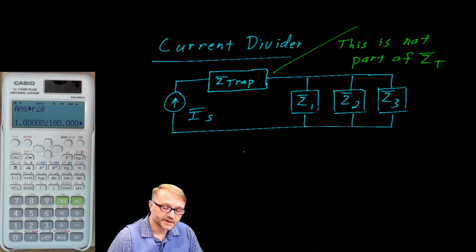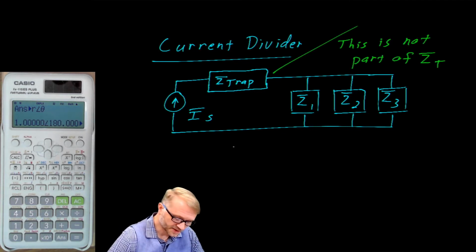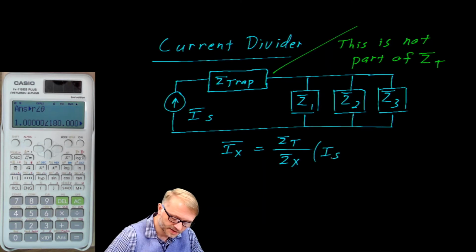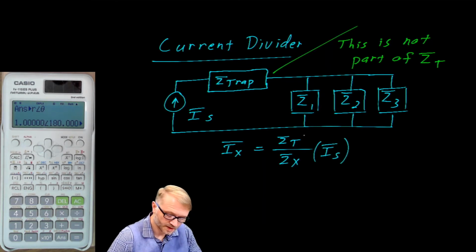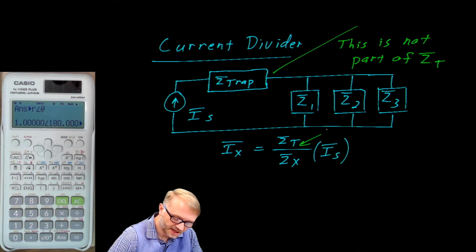The current divider is the same for AC as it was for DC. We have the current of interest is equal to the total impedance over the impedance of interest multiplied by the source current. Never forget that this T is the total parallel impedance.